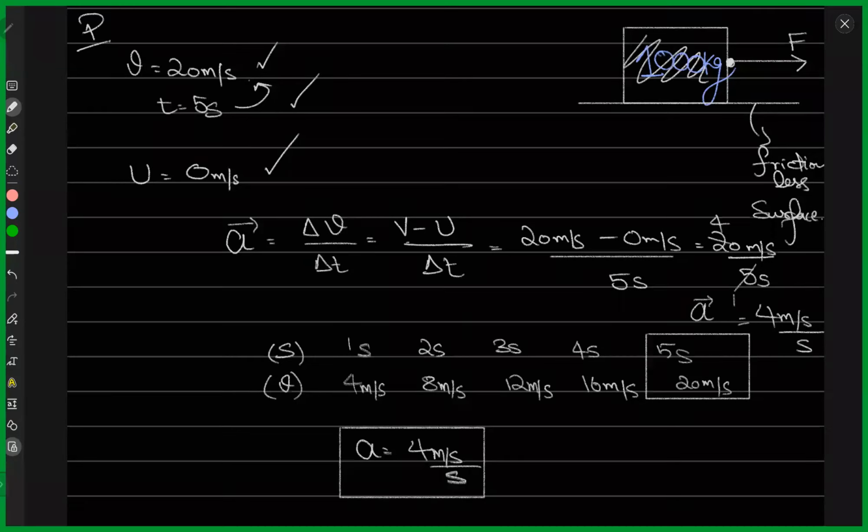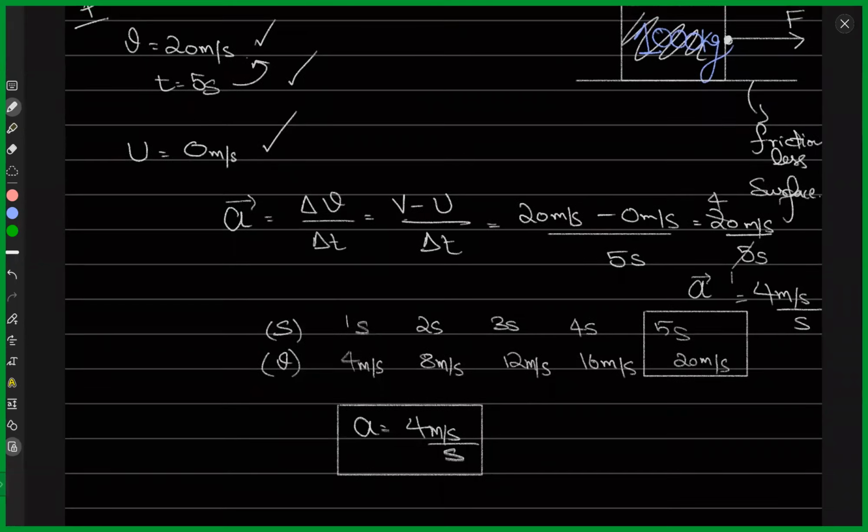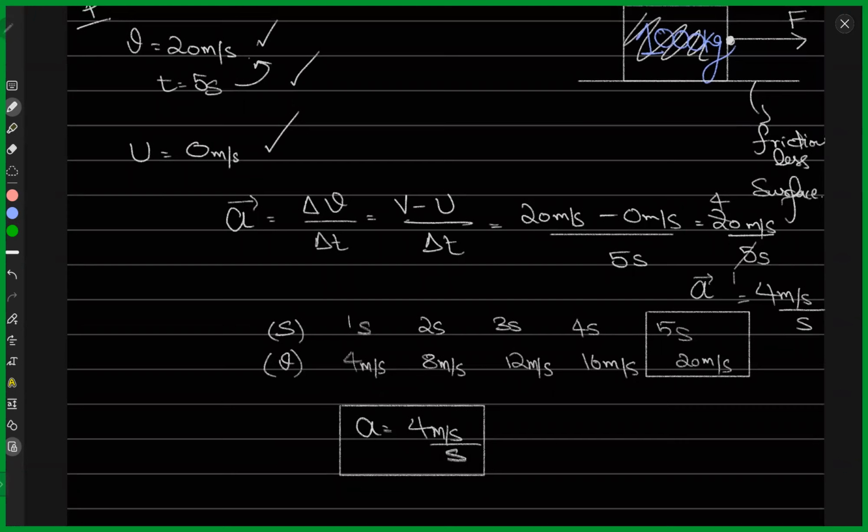So the question was to compute this force. How do I compute this force? This one. Now you have the mass of the object and you have the acceleration. Now you multiply them. Multiply them, right? So you write that the sum of the forces is equal to mass times the acceleration, and the mass of this object is 1,000 kilograms.